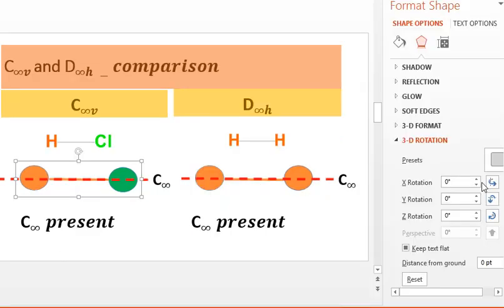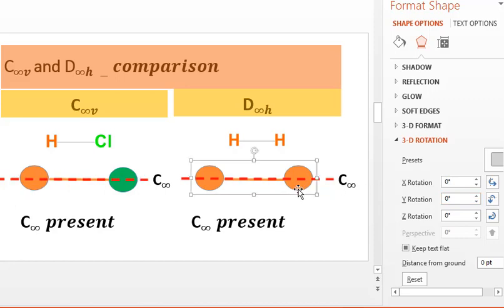Let us look at this now. I am going to rotate the molecule about the C infinity axis. Now we can see how the rotation is carried out, like this. And when such a rotation is carried out, the molecule is repeated an infinite number of times, and so the axis you call the C infinity axis.